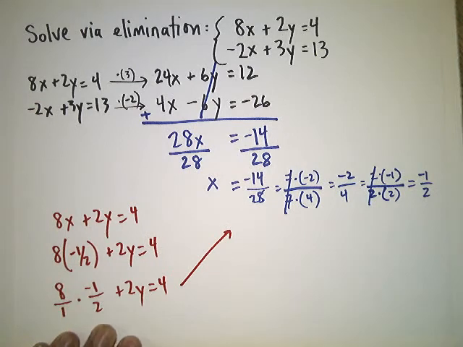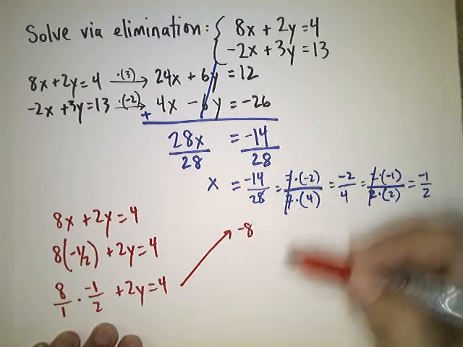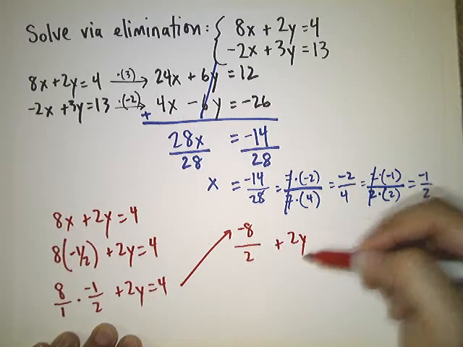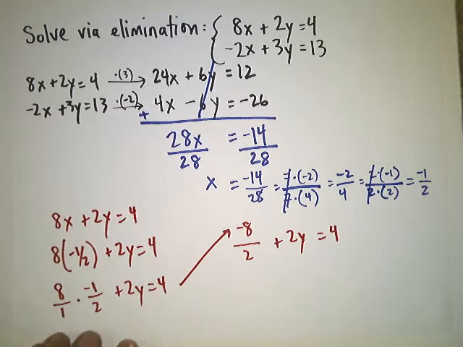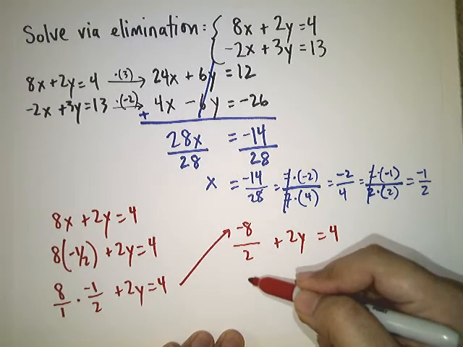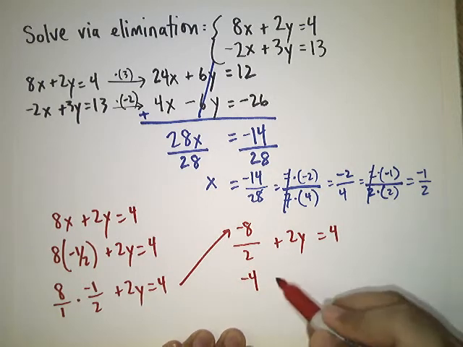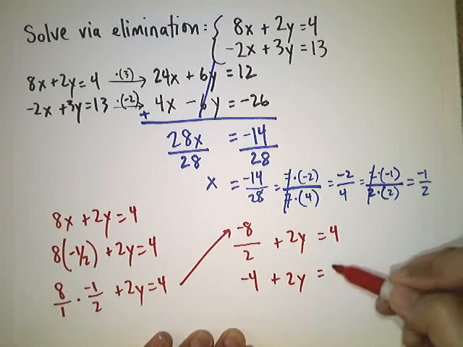Well, 8 times negative 1 is negative 8. 1 times 2 is 2. Plus 2y equals 4. Okay, well, negative 8 divided by 2, that's negative 4. Okay, negative 4 plus 2y equals 4.